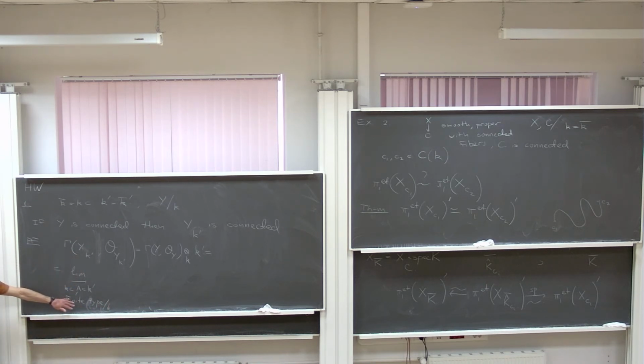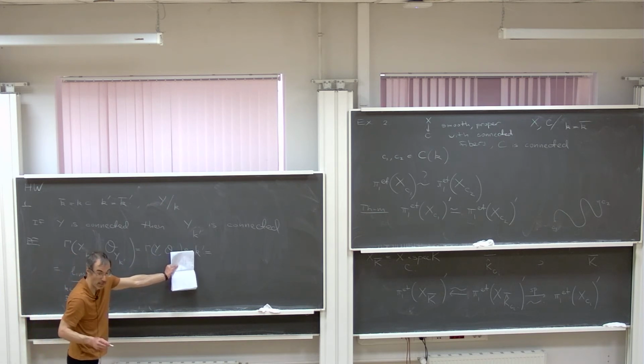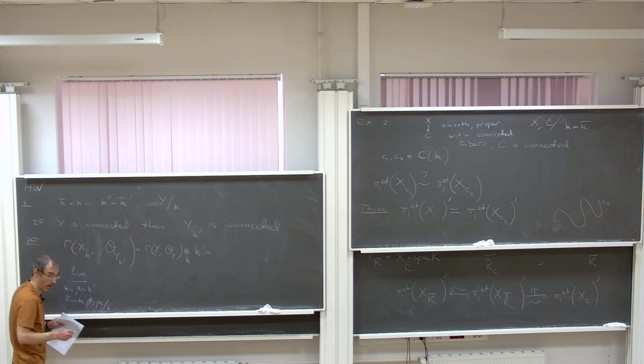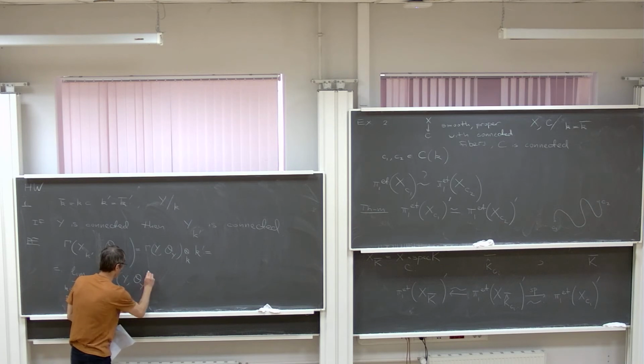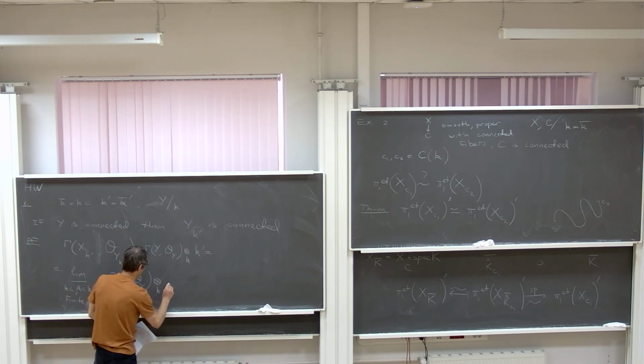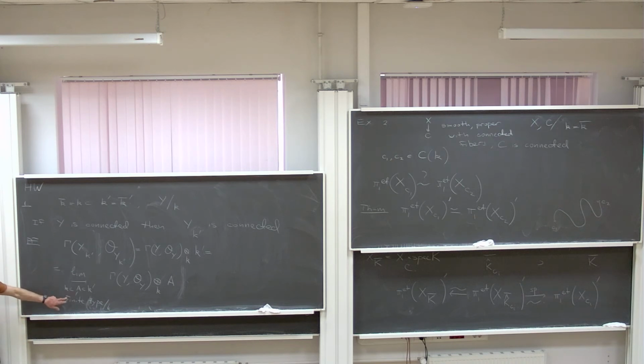So finite type means finitely generated. Yes, I can write any field extension as a direct limit. I can write K prime as a direct limit of A, where A runs over all subalgebras. So I can write it as global functions on Y tensor over K with A. And therefore it suffices to prove that this has no idempotents.